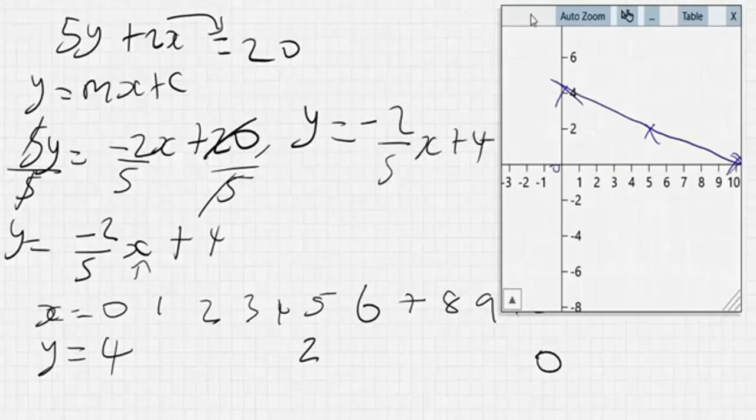Now when you check the intercept, the y-intercept is the point where the straight line hits the y-axis. This is where the straight line hits the y-axis, at 4. That's why we have the y-intercept to be 4. So this graph is valid, and that's it for this problem.